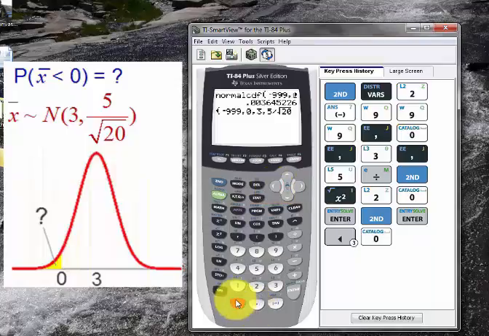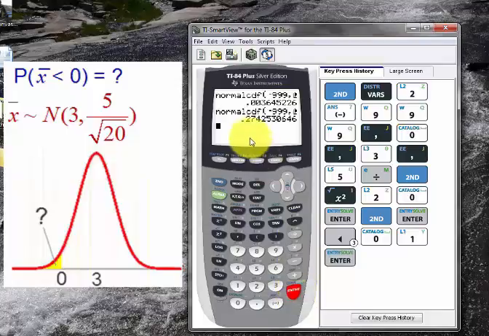I'll type 0, 1. Call that square root of 1. See what the probability is. Now we have a 27% chance instead of around 1/3% chance. So notice that it really changes things to have a large sample size instead of just picking 1.